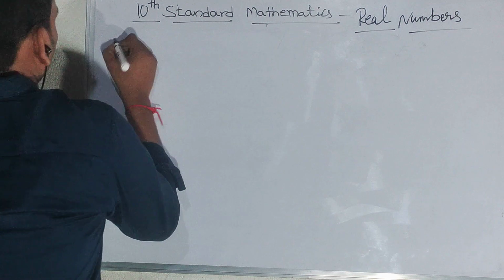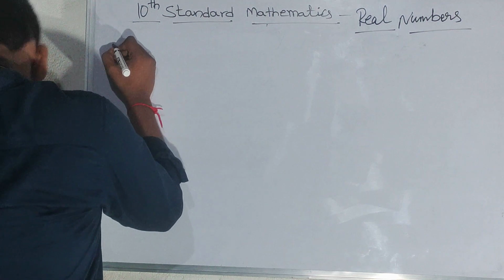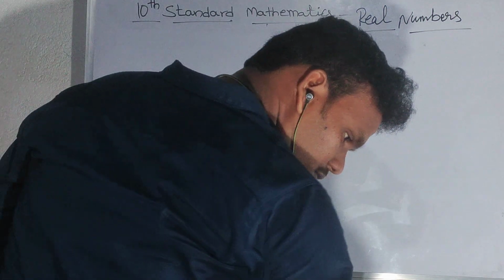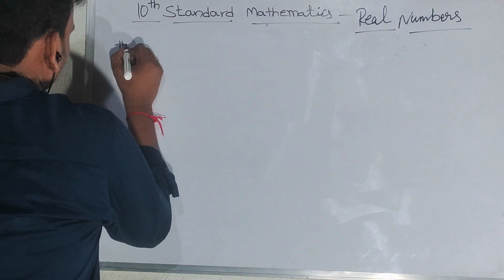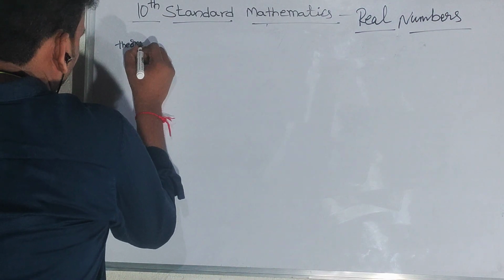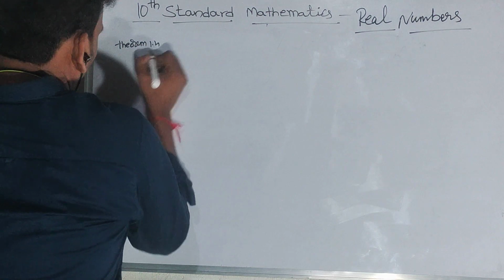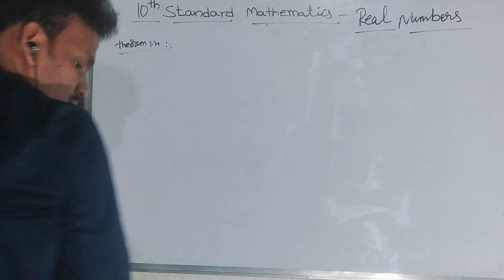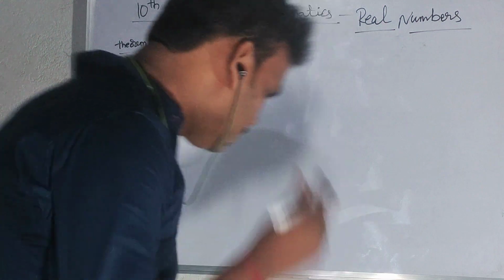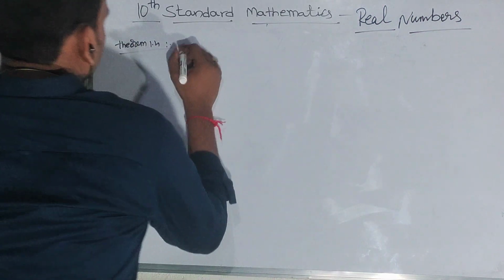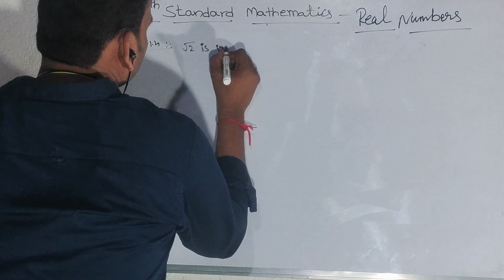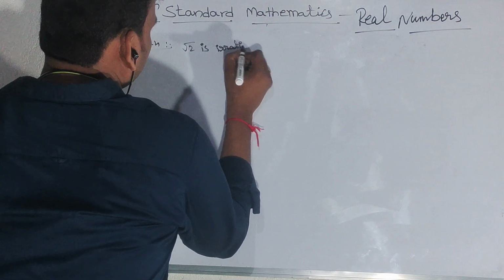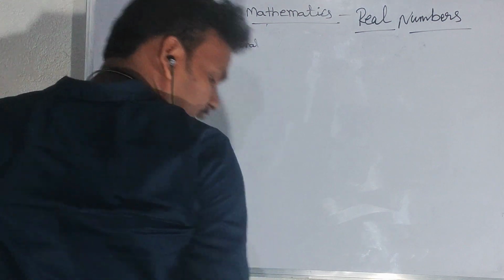Theorem 1.4. Square root 2 is irrational.